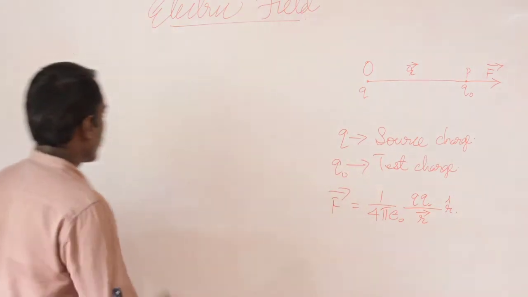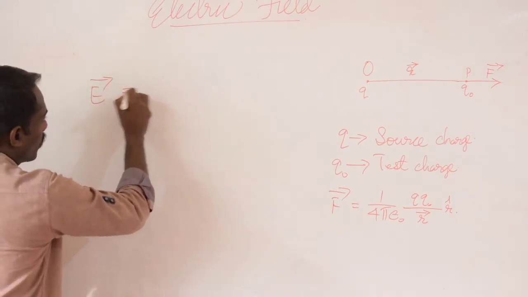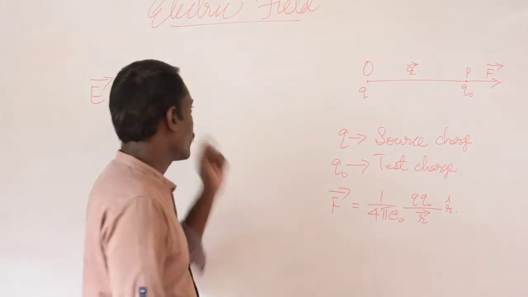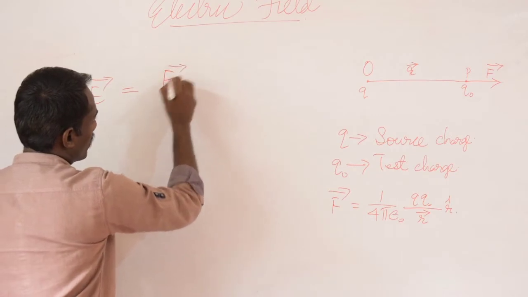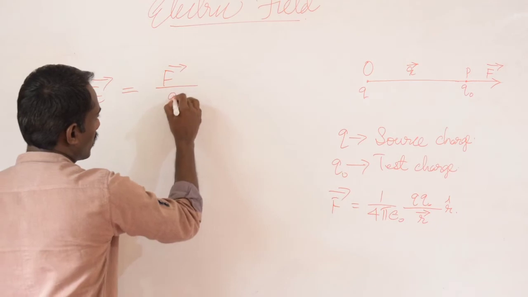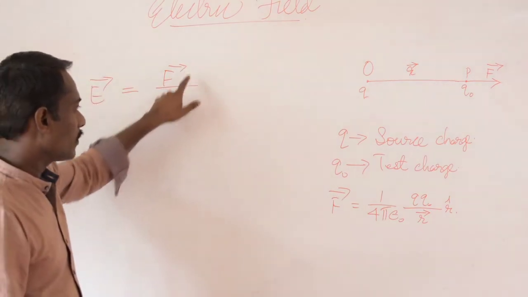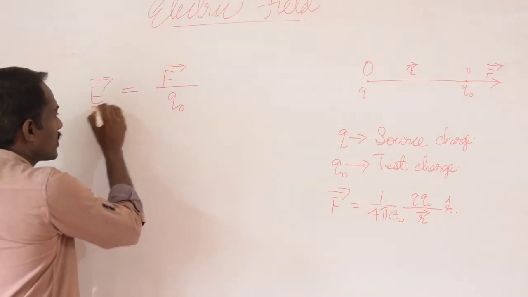The electric field is denoted by the letter E. And what is the magnitude of that electric field E? E is equal to the magnitude of the force exerted by the charge divided by the test charge Q0. E is equal to F divided by Q0.